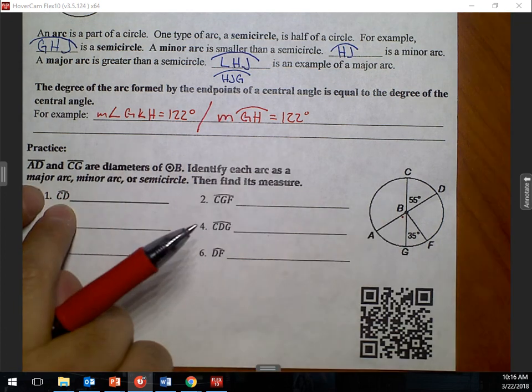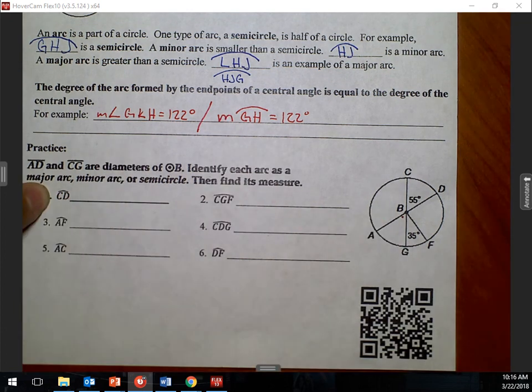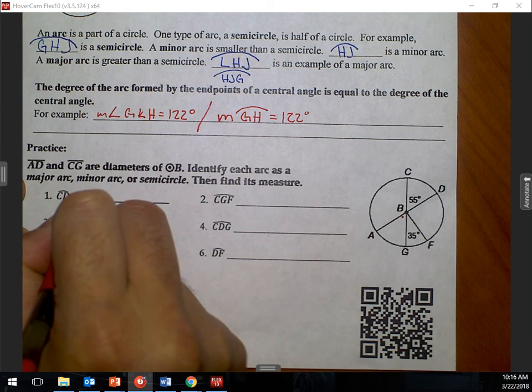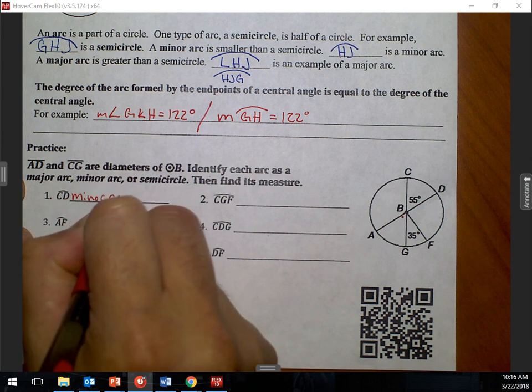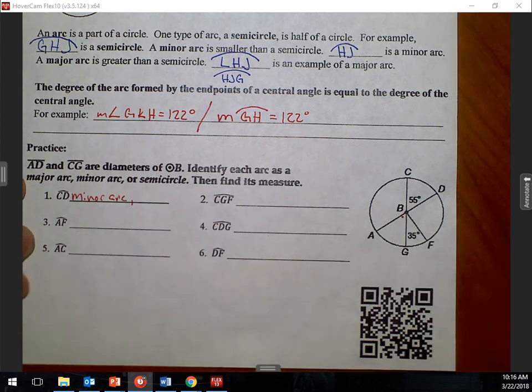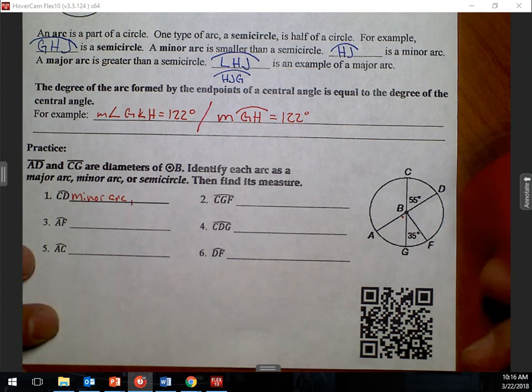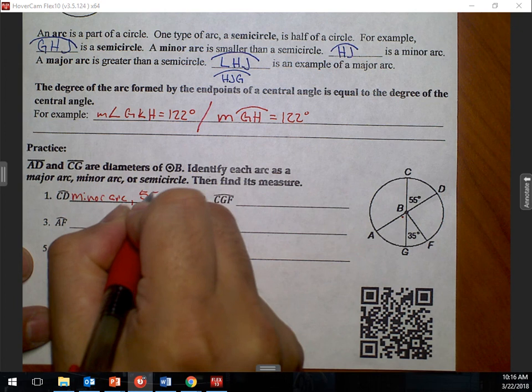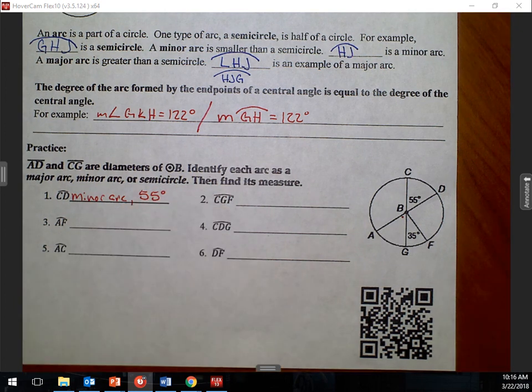Okay, so CD. From C to D, is that minor? And if I'm going to find the measure, what is the measure? 55. Very good.